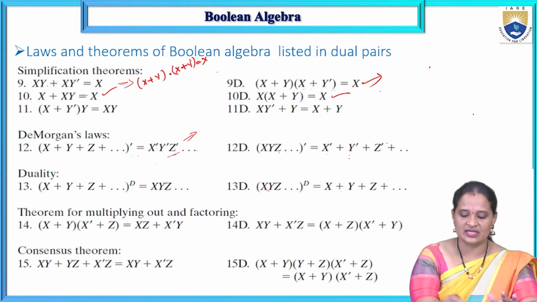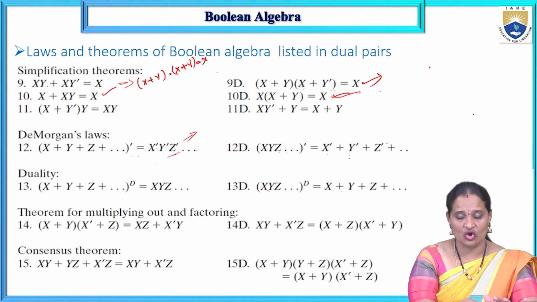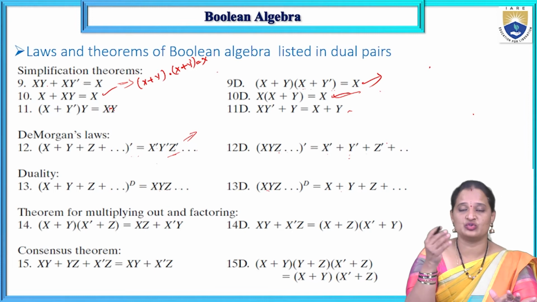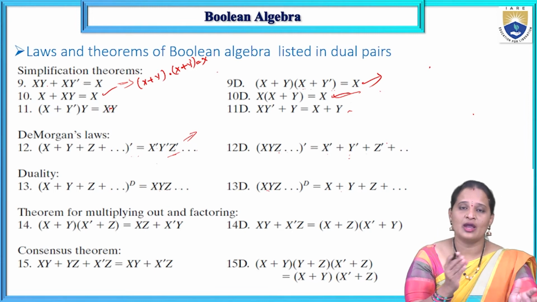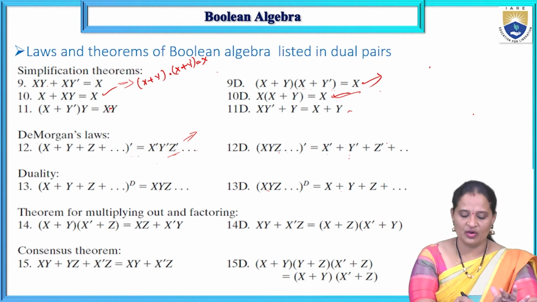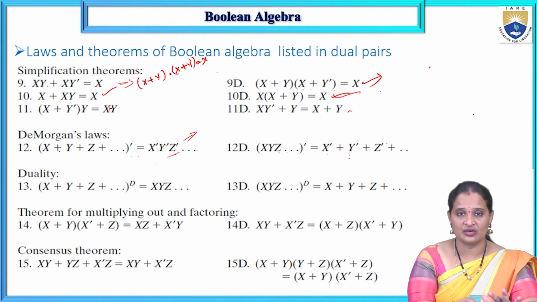Similarly, the dual of this expression is this one. So x into x plus y is equal to x. This is the dual. And if you consider this one, x plus will be changed to dot, xy complement plus y is equal to x plus y, because on both sides we need to change the plus operator to dot operator and dot operator to plus operator. So this is a duality. Now I'm finding the dual here.